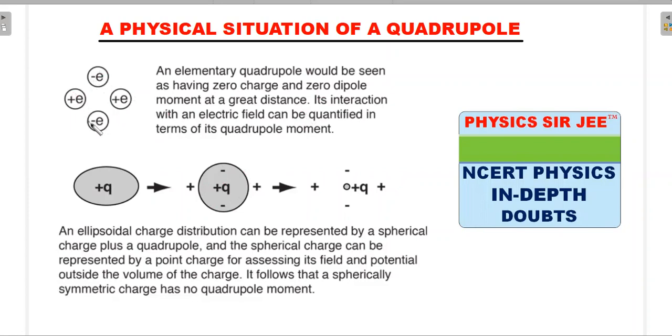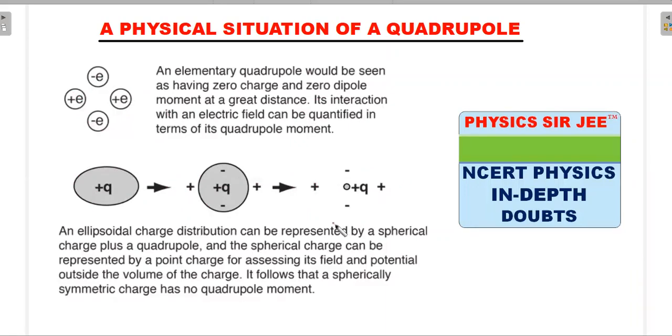This quadrupole system can, on similar lines, be adjudged for an elliptical charge distribution. If you have an elliptically distributed charge, then you can simulate it or superpose it as if it is a combination of 2 positive charges at the end and a spherical charge, which makes it a nice little candidate for being a quadrupole system. Where will you get this quadrupole system?